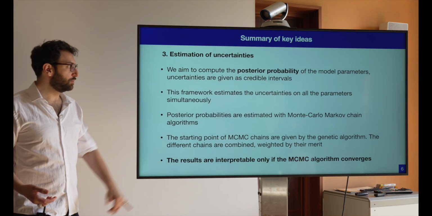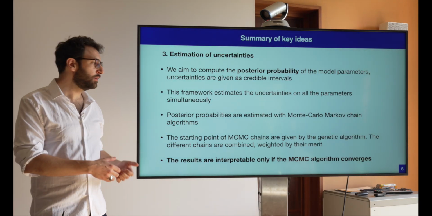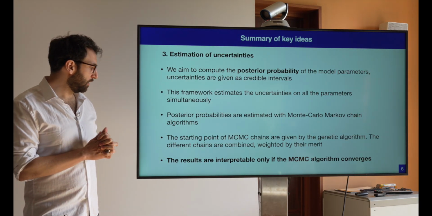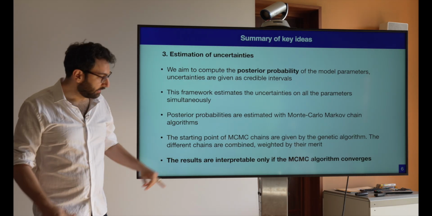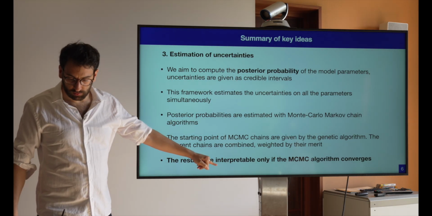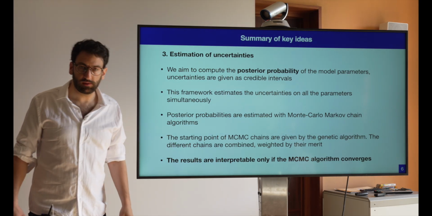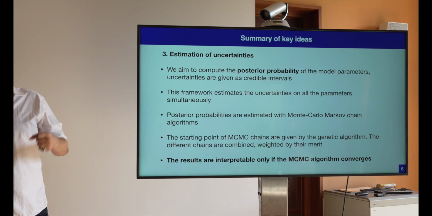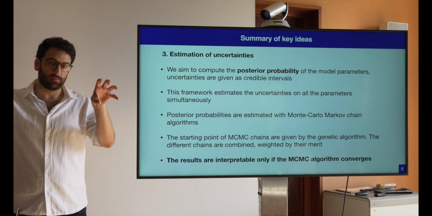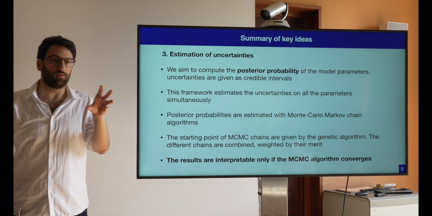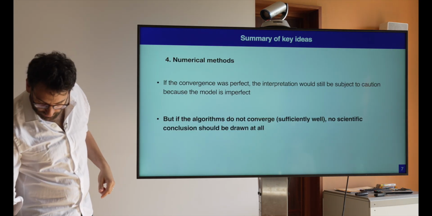Estimation of uncertainties, we do it through posterior probabilities, where you need to define some prior information. It's super important to make sure that the MCMC converges. And again, I want to stress that you don't want to put information from the data in the prior, because otherwise you're converging to your preconceived idea of what the data is.